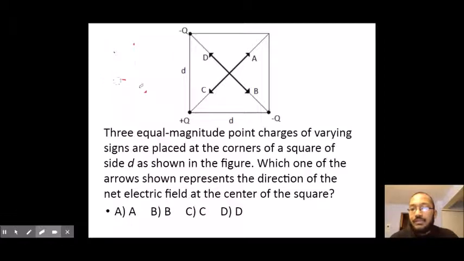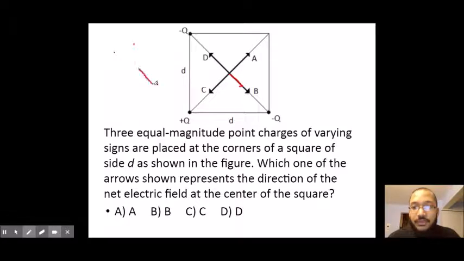Okay, so this one's similar to the last one in that you're adding vectors. Key idea though, this is a location. There is no charge here, but we can think about the electric field from this one, and this one, and think about in what direction the resultant is. So the negative, sorry, I'll do it over here.